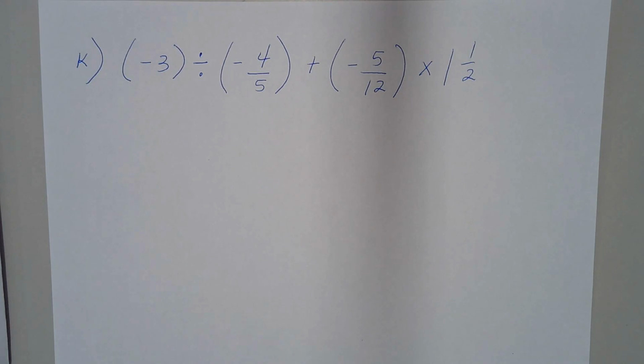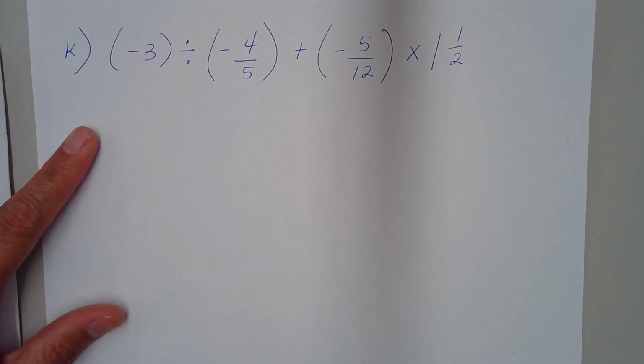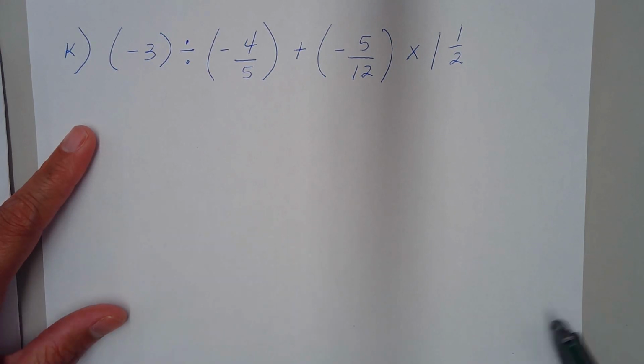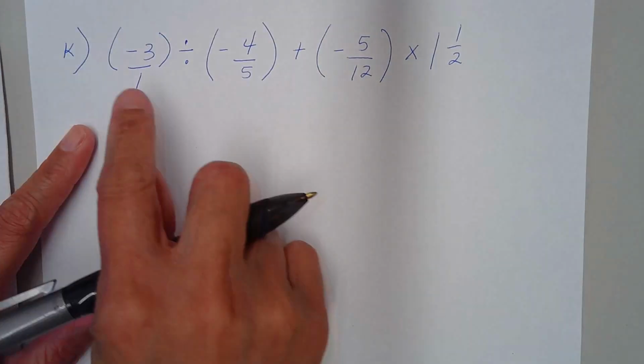Okay. Wow, this one is quite big. Four fractions, some mixed fraction, whole number. What are we going to do first? Put the 1 in the denominator, so everybody has a denominator.